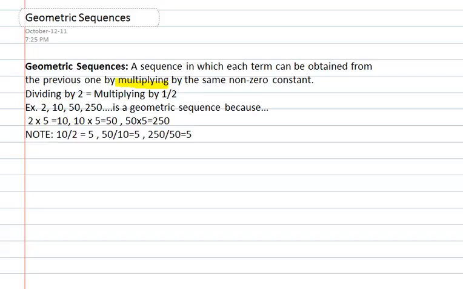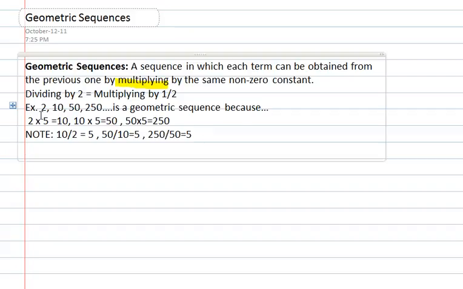Here's something that you should note, however. If you take a look at each of these ratios, the ratio of term 1 and term 2, you would get 10 over 2 or 2 over 10. Either way, you'll get a ratio of 5 or 1/5. If you look at term 3 and term 2, you get the exact same ratio.